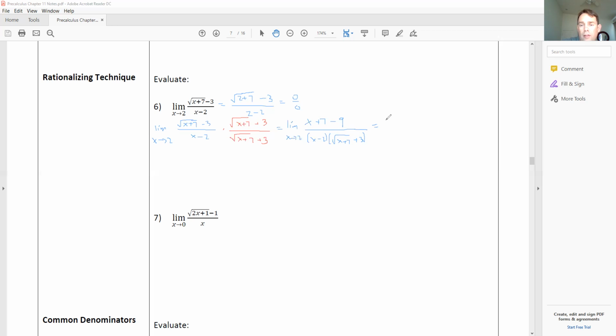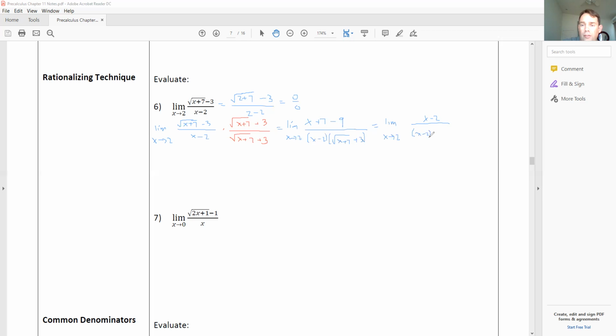So we have an x minus 2 now in the numerator. And I have x minus 2 in my denominator.